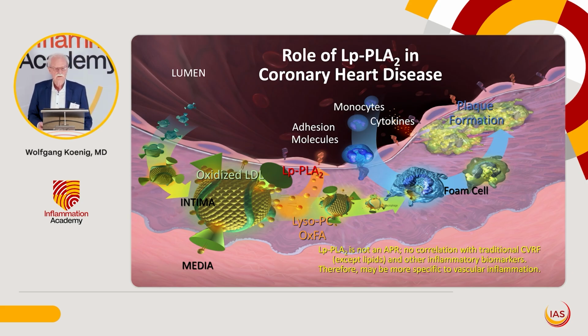Now, a molecule that has received a lot of attention, let's say about 10 years ago, was Lp-PLA2, lipoprotein-associated phospholipase A2. It's a molecule that's produced in the plaque, in macrophages and monocytes, and it oxidizes LDL and generates atherogenic molecules like lyso-PC, as you see here.